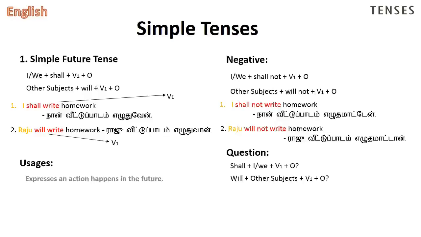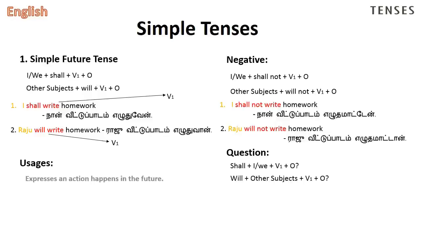So, what is the usage of simple future? Already we have studied. So, if you have the coming test, you have to write, if we ask, okay, write the three forms of simple present tense, simple past tense, and simple future tense. You have to write these three plus usage. Okay.